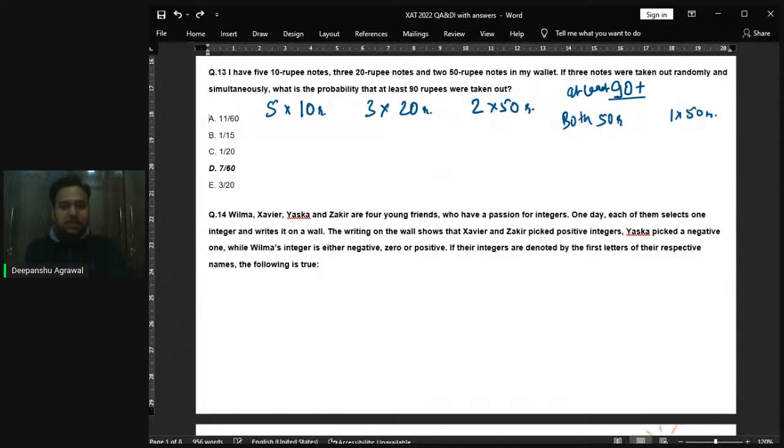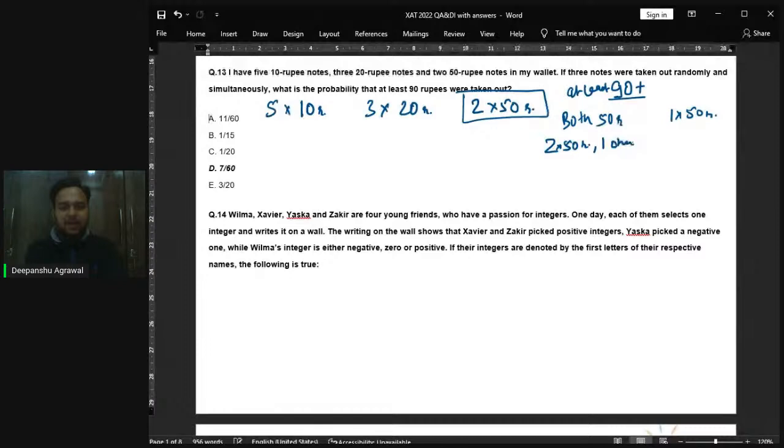Okay. Now, how to solve this question? So, first case is we have to take both 50 rupee notes, and we have to take one other note apart from these 50 rupees. So in the first case, we should have exactly two 50 rupee notes and one other note, right?